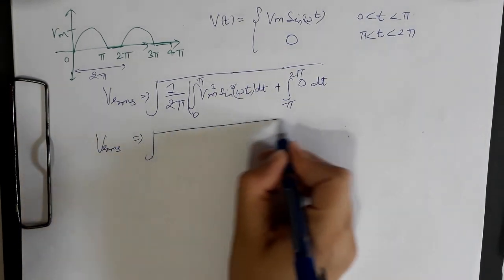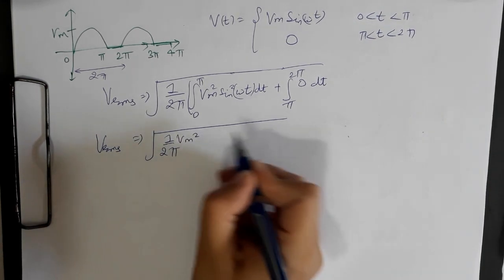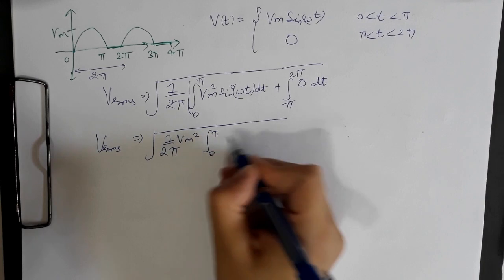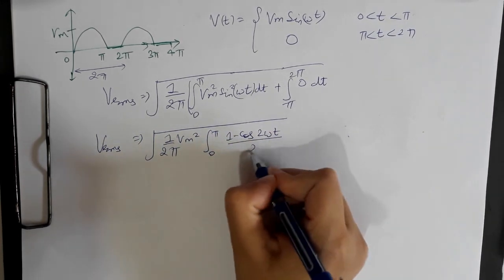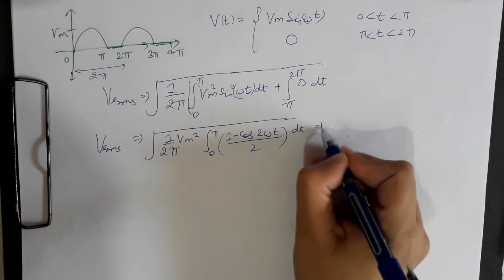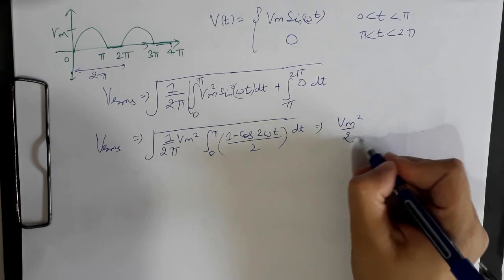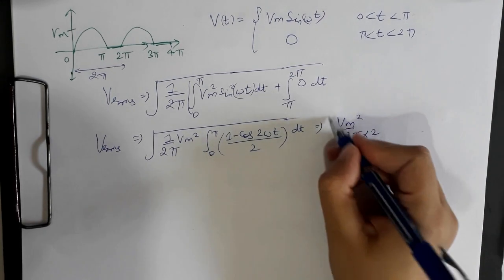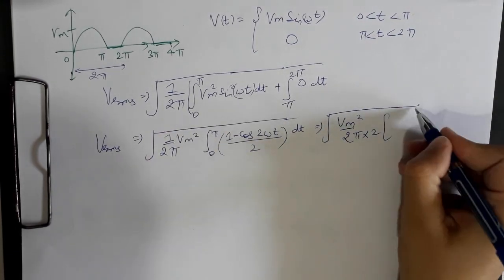Solve 1 upon 2 pi is Vm square constant, 0 to pi 1 minus cos of 2 omega t upon 2 dt. This comes out to be Vm square upon 2 pi into 2, and while integrating we again get the same value.